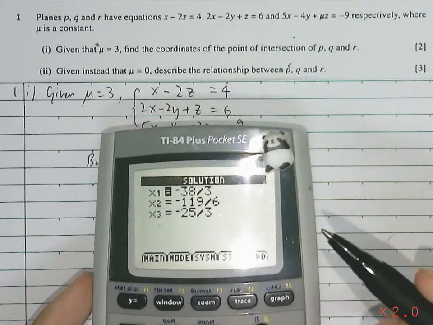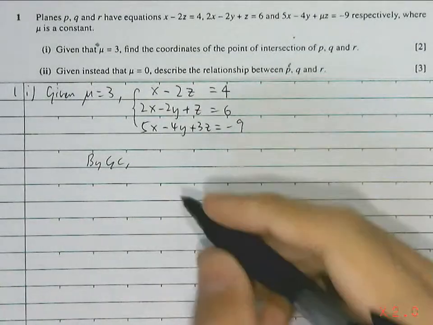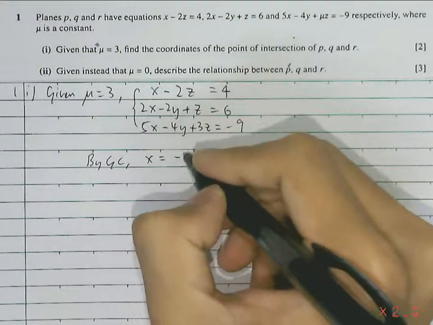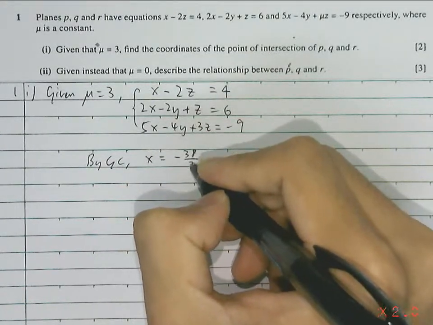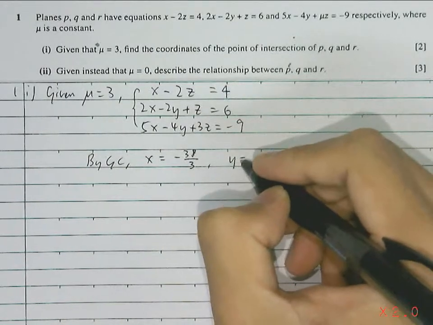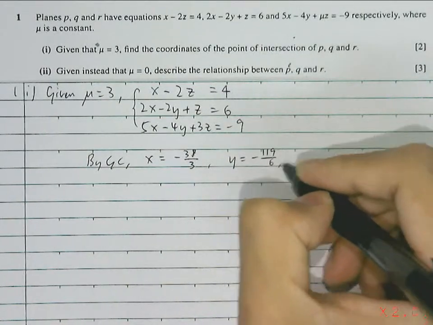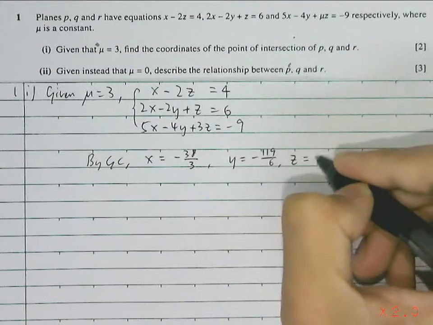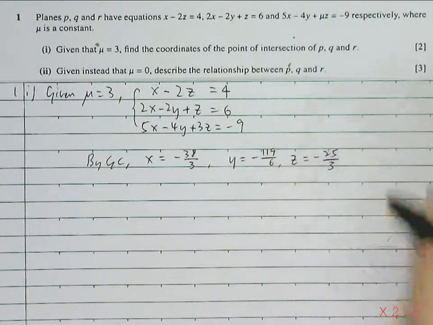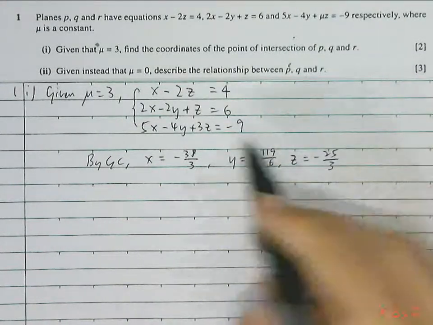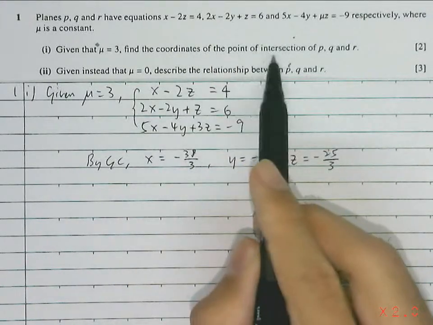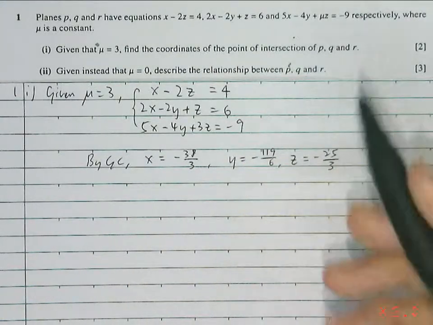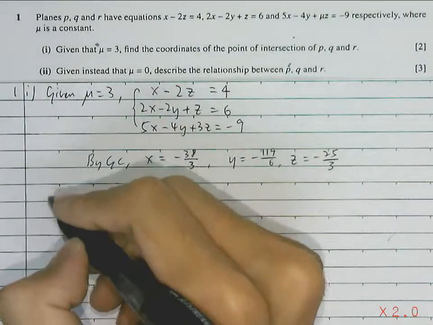Okay, so we transfer this into our answer sheet, where x equals negative 38 over 3, y equals negative 109 over 6, and z equals negative 25 over 3. Since the question is asking for the coordinates of the point of intersection for PQR, we have to represent our answer in terms of coordinates.